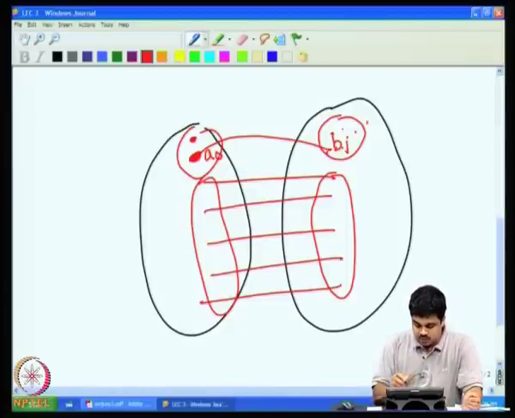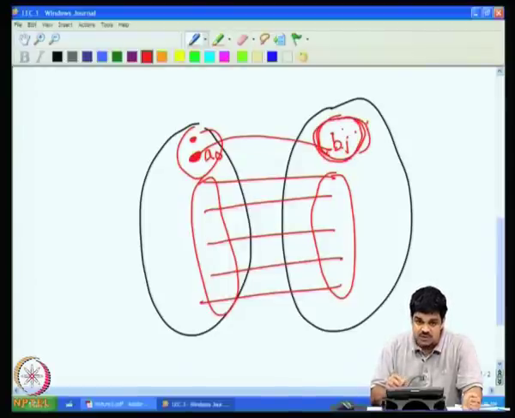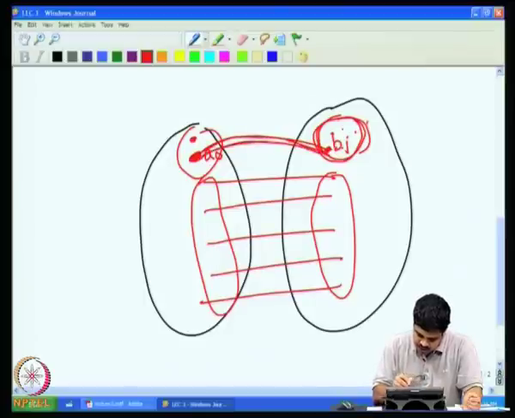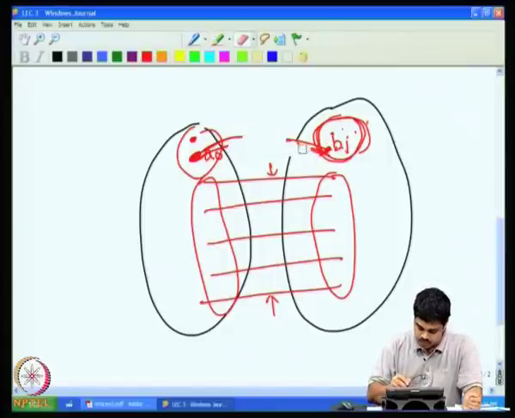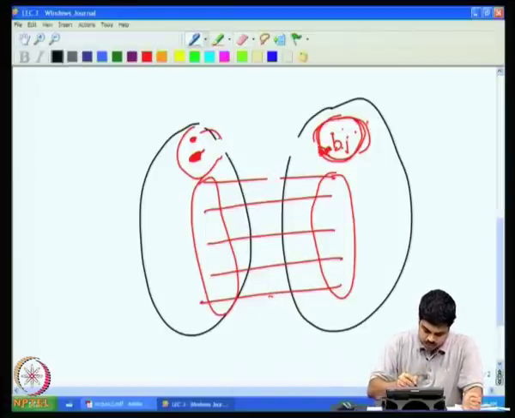It is not possible to find anything in this collection, which is the unmatched vertices of B, because if there is an edge like this, definitely we could have added it to the existing matching and then we would have got a bigger matching. So, that is not possible. So, what we can say is, there will not be any vertex of that sort.